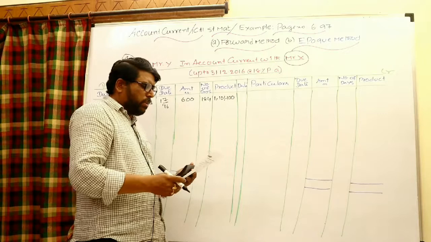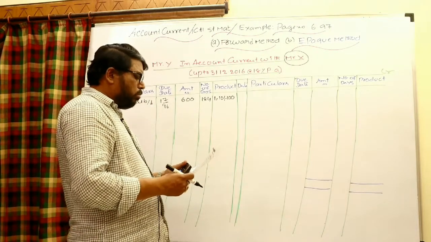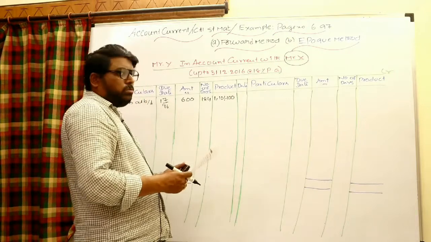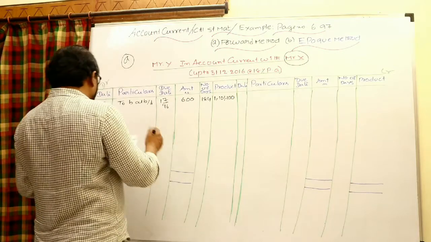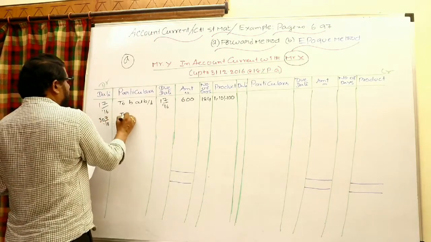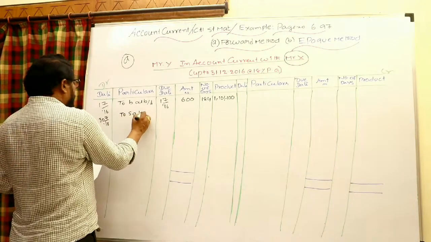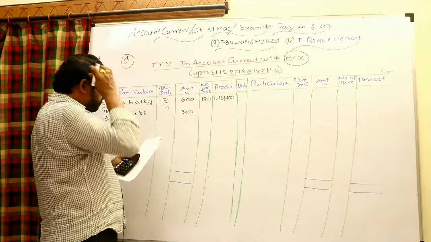Only 4 transactions are given, that's all. Okay, 3/7/2016 goods sold to Y. Simply Y account debit to sales. 3/7/2016, right there, to sales, amount 300.